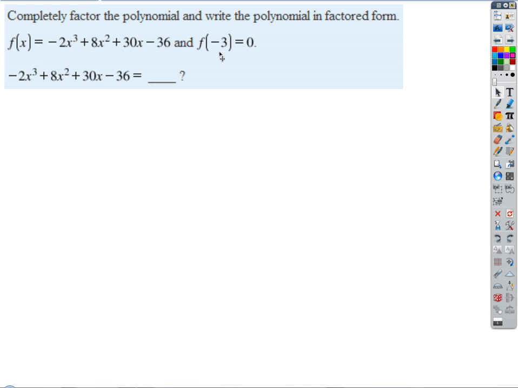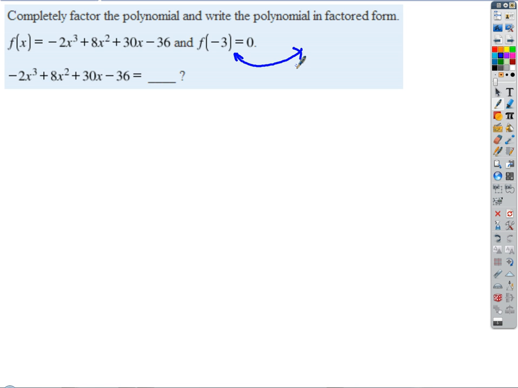How does that help us? If -3 is a 0, what's the factor that goes with that 0? That means there must be a factor. What factor would we solve to get the answer -3?